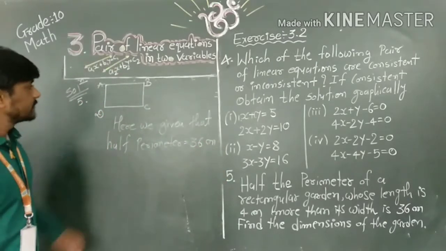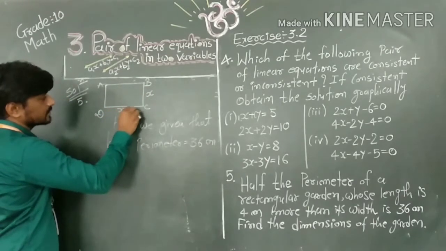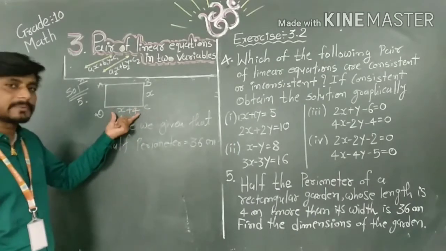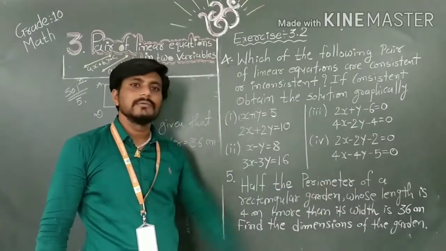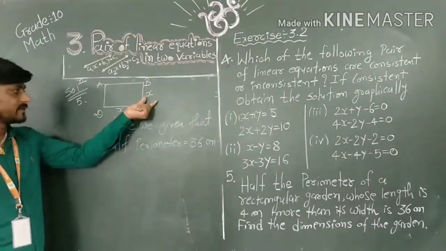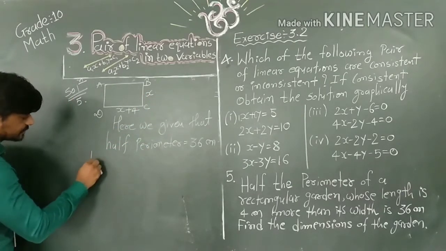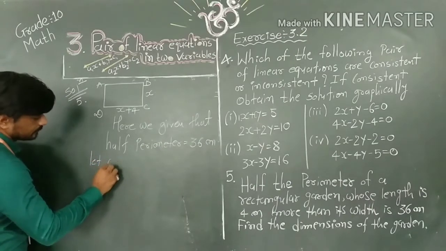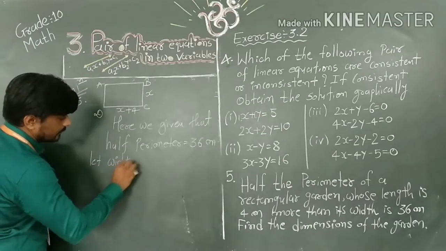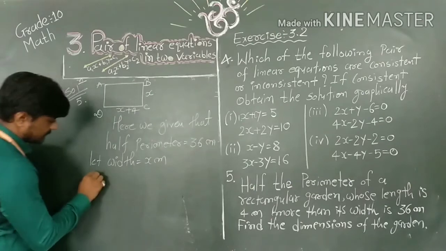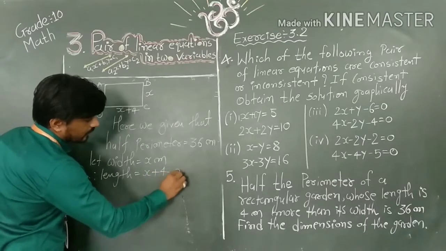We suppose width is x, that means length is x plus 4 meter. Why is the length x plus 4 meter? Because the given condition is that length is 4 meter more than width, its breadth. Here you can also write: let the width of the rectangular garden be x meter, therefore length is x plus 4 meter.